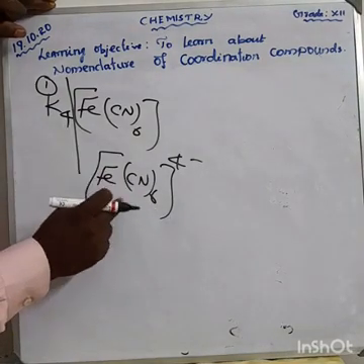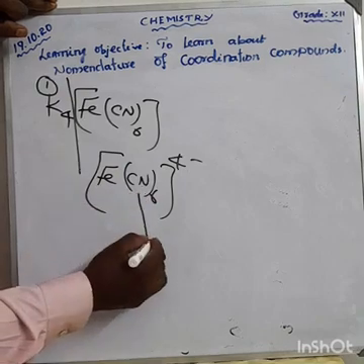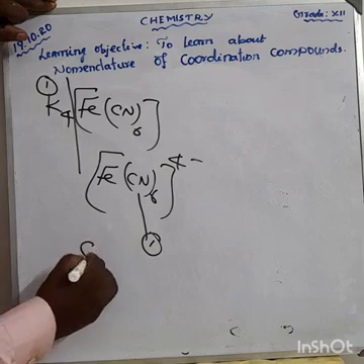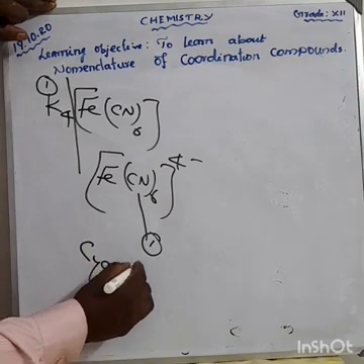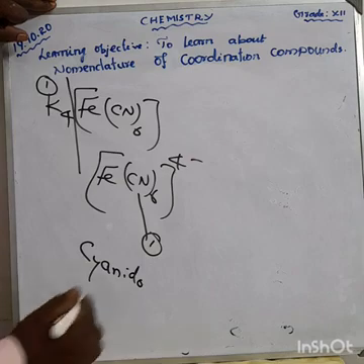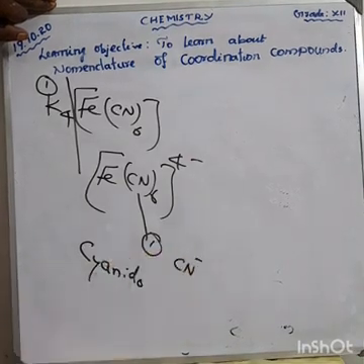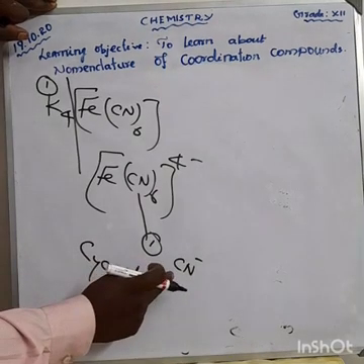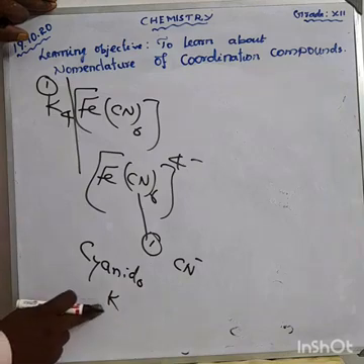Here you should say the ligand name first. CN minus was earlier called cyano; nowadays it is changed to cyanido. Here we also use kappa, a capital K like that, kappa.